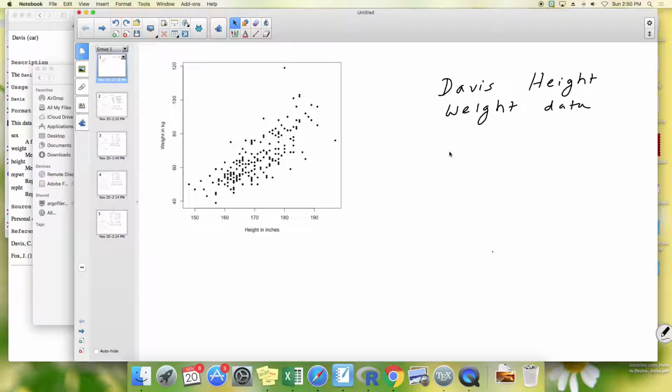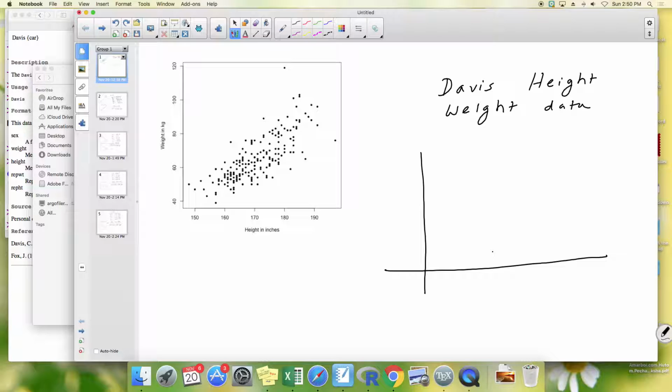So for example, for different data sets, the scatter plot can be handy for many reasons. It's one of the first graphical tools which shows you any trend in the data.